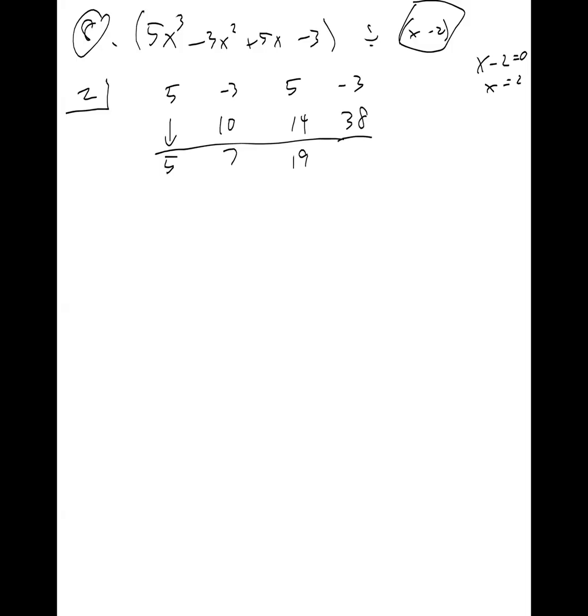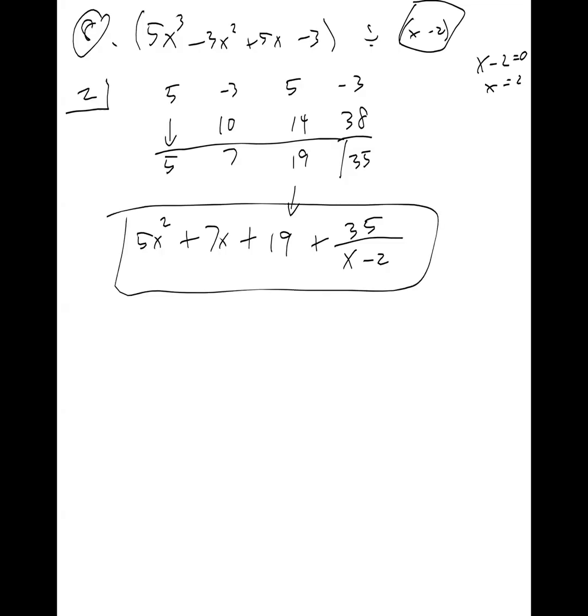And -3 plus 38 is 35. So the remainder is 35. And then we interpret this as the 19 is by itself, and then you put x by the 7, and you put an x squared by the 5, plus a remainder of 35 divided by the original divisor, which is x minus 2. There we go.